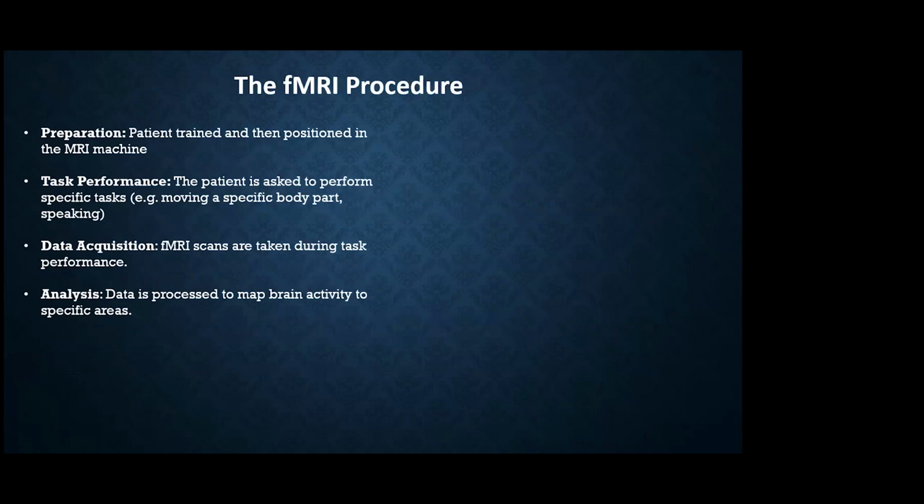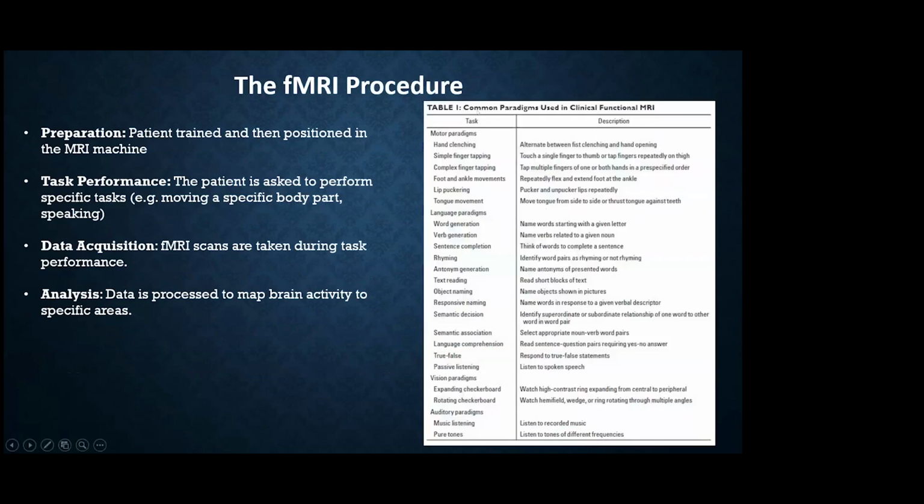When a patient comes to the department, the first thing we want to do is coach them. We want to tell them what we're doing. It's important that you have a patient who is able to follow the commands and the procedures, and we can have them perform a whole variety of tasks depending on what we're interested in depicting on the functional MRI.